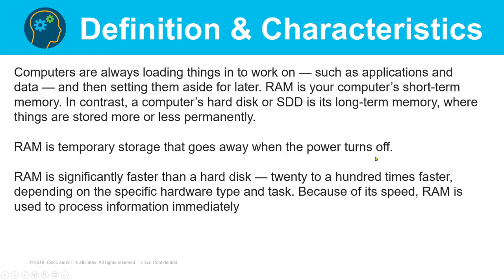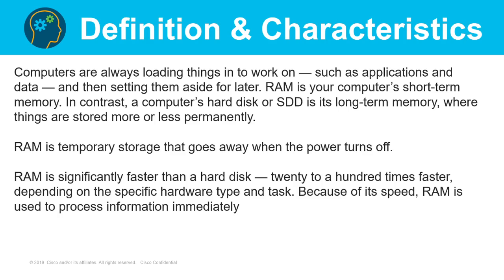Okay? RAM is significantly faster than a hard disk, 20 to 100 times, depending on the specific hardware type and task. Because of its speed, RAM is used to process information immediately. You know that your operating system is loaded to random access memory.